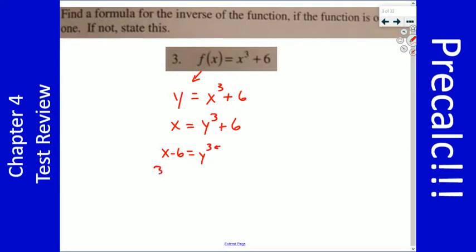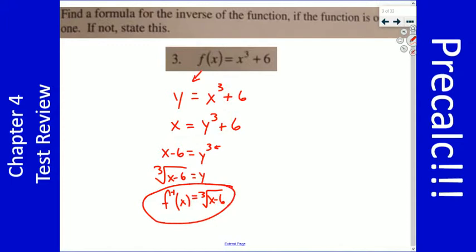So we have the cube root of x minus 6 equals y. And then we can take that y and replace it with f inverse of x. So we have the inverse of our function, f inverse of x equals the cube root of x minus 6. And then we're done. There is the inverse of the 1 to 1 function x cubed plus 6.